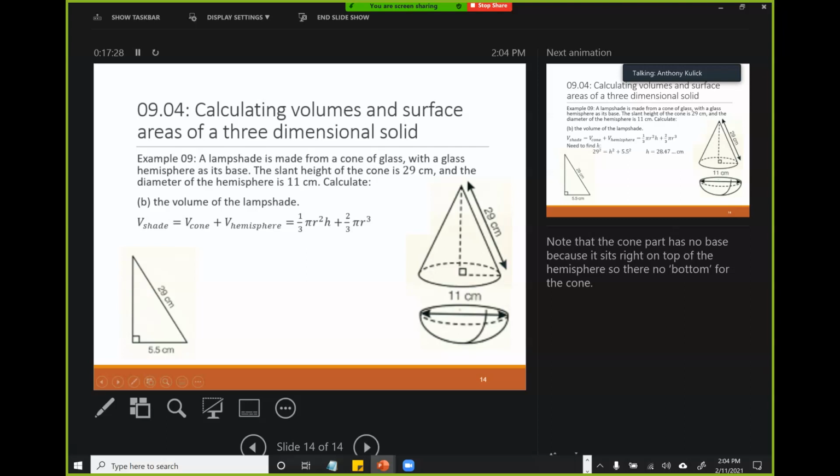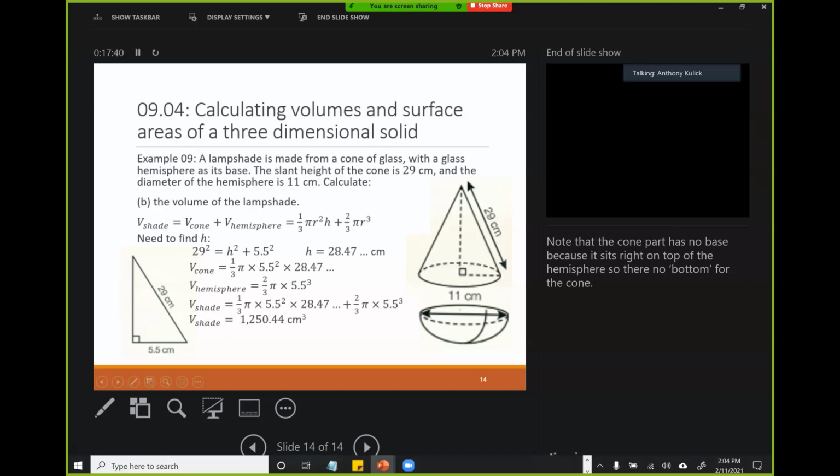So I use this triangle here, and I can just use the Pythagorean theorem to find the height. And then I just plugged the values into my two formulas and added them together to get the total volume. Is that okay with you guys?